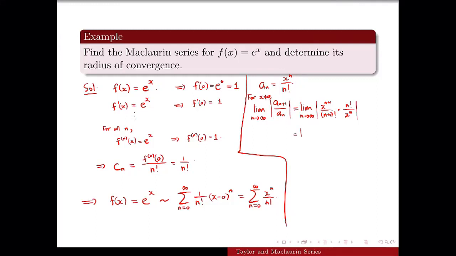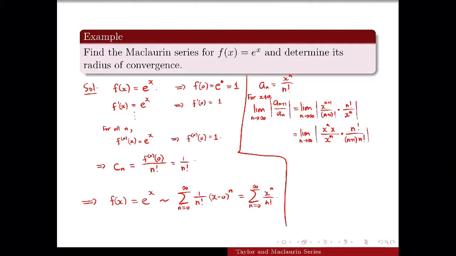And then this will become the limit as n approaches plus infinity of the absolute value. We can write x to the n plus 1 as x to the n times x, over x to the n, times n factorial over n plus 1 factorial, which can be written as n plus 1 times n factorial.